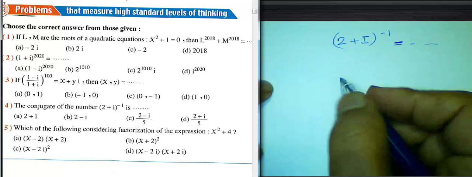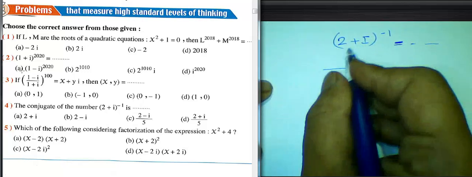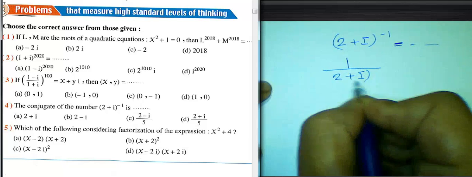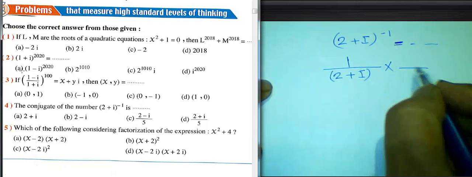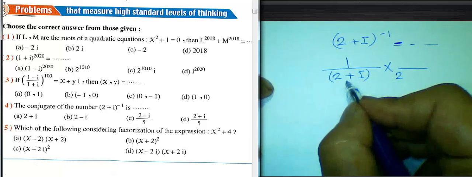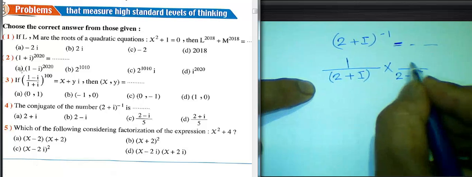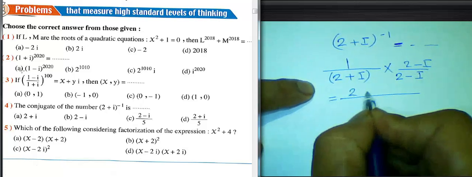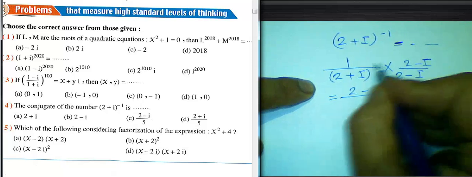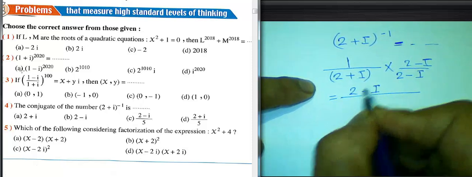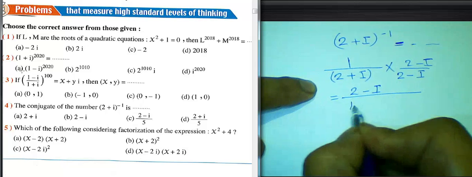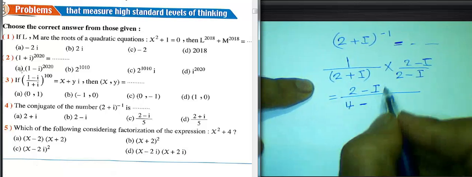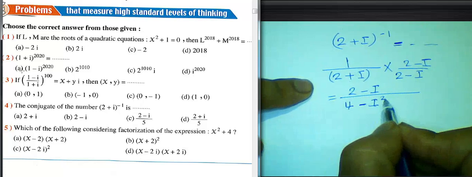Look at with me. We will solve first this fraction 1 over 2 plus i. We can find the result by multiplying by the conjugate of the denominator. 2 subtract i, 2 subtract i equal 1 times numerator equal 2 subtract i, and denominator 2 times 2 equal 4. Positive times negative, negative i times i equal i power 2.